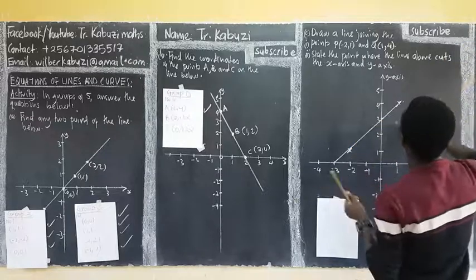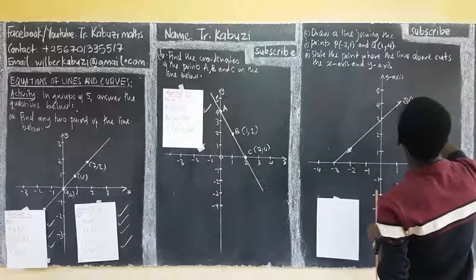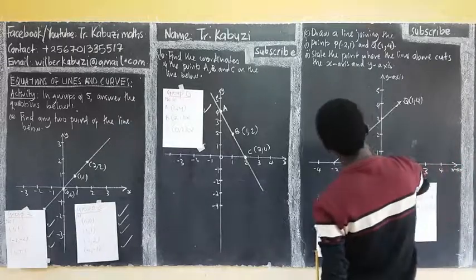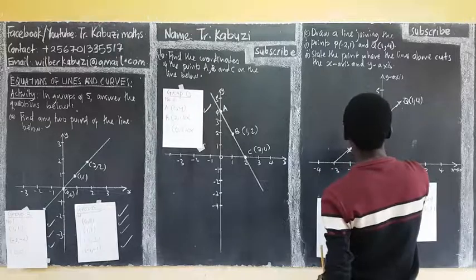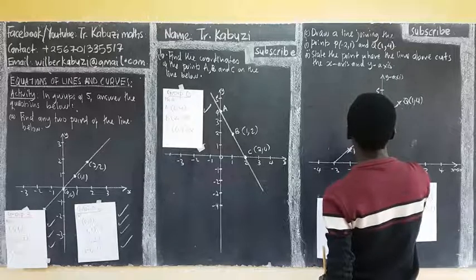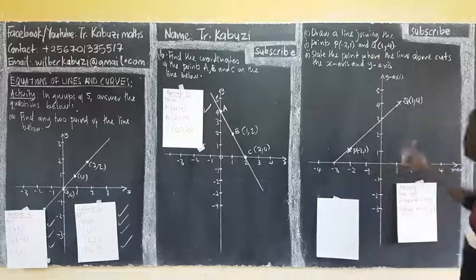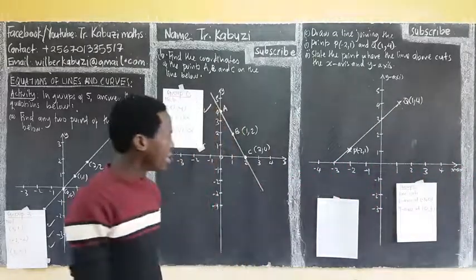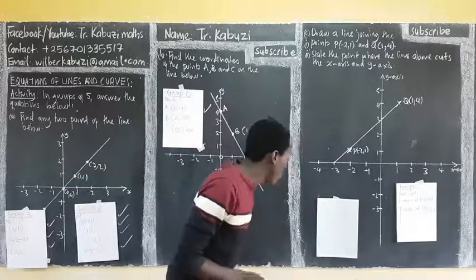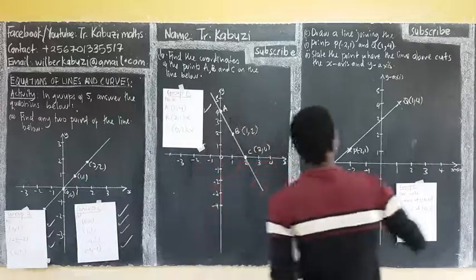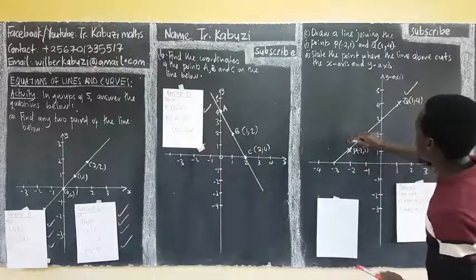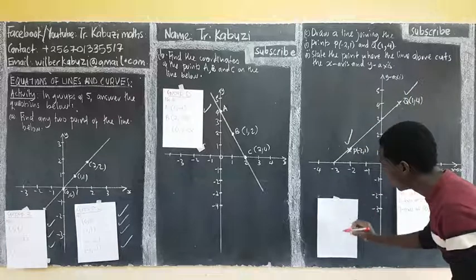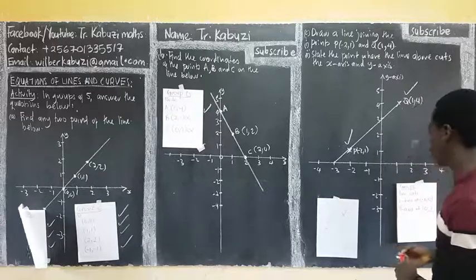So this is Q, which is 1, 4. And this is P, which is negative 2, 1. Then when I look at them, they drew it properly. So whoever did this properly, you give a mark here and also a mark here. So like me, I'm going to mark mine. That is okay, and that is also okay.